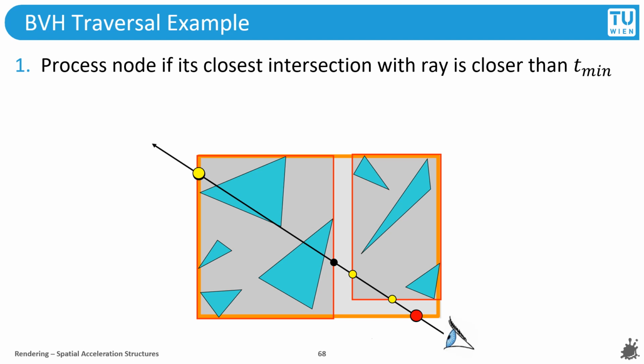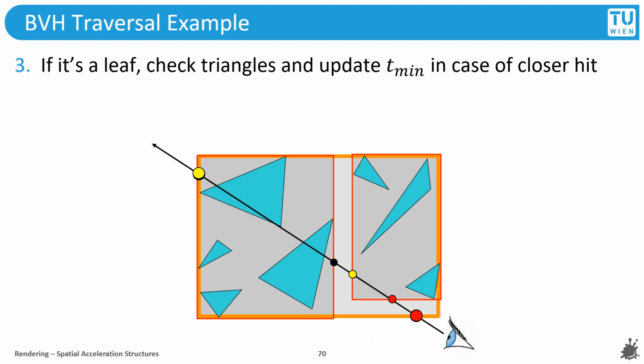We now have to check if the closest intersection of the child node is closer than T min. And since T min is still infinity, that condition still holds. Since it is a leaf node, we check all the triangles contained within and update T min in case of a closer hit.